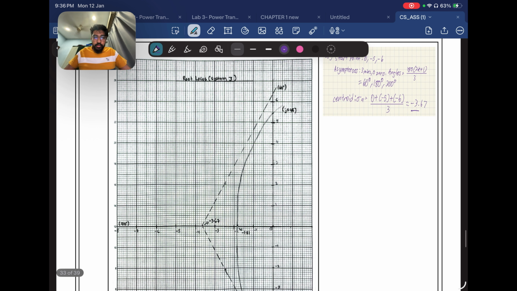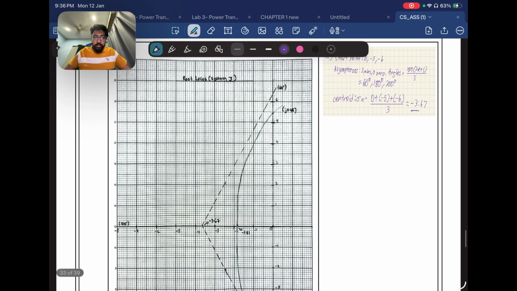MATLAB simulation verified the theoretical result, showing a clear relationship between gain values, damping ratio, and transient performance such as rise time, settling time, and overshoot.